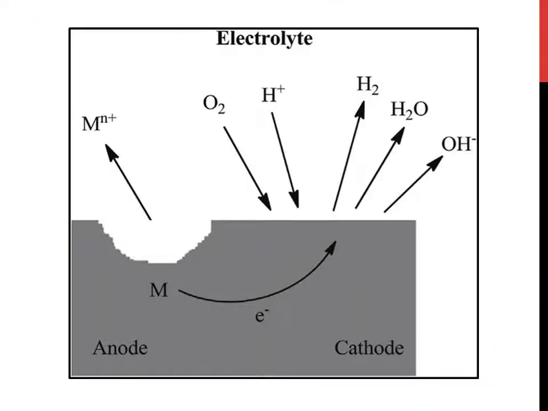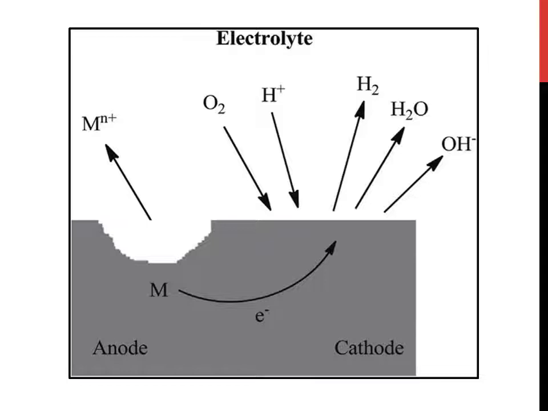We can explain this electrochemical theory of the corrosion process, or the rusting process, by taking this diagram also. Here you can see the representation of the metal surface by the notation M, and n is nothing but the number of electrons.